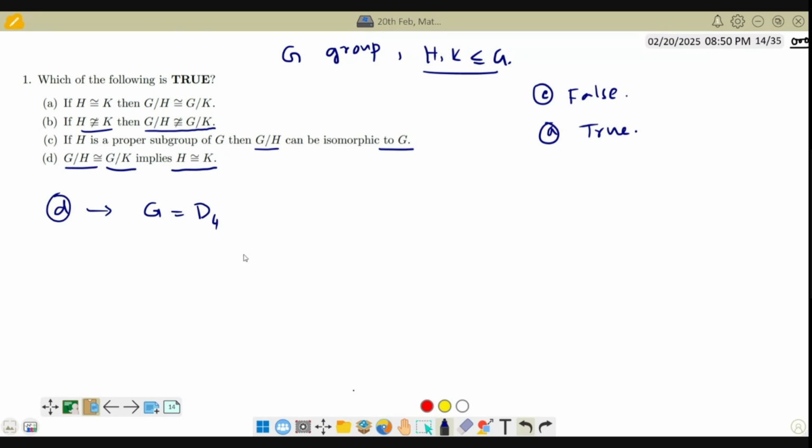So my H is the rotation subgroup 1, x, x squared, x cube, and K is 1, y, x squared, y x squared. Okay. So can you identify the question? Yes, sir.